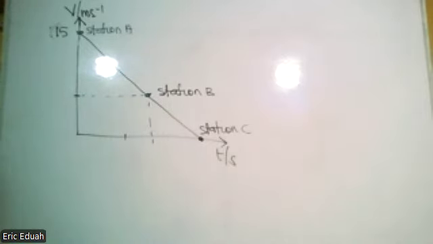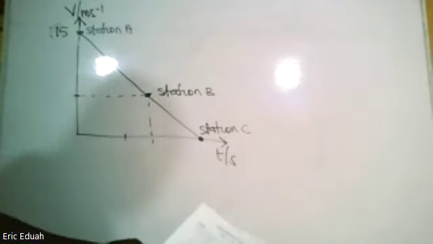All right. So this will be the motion. Now, the motorist comes to rest 70 meters from station B, meaning the distance between station B and station C is 70 meters.